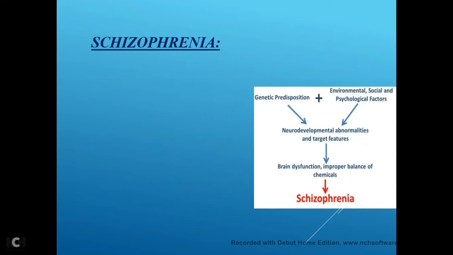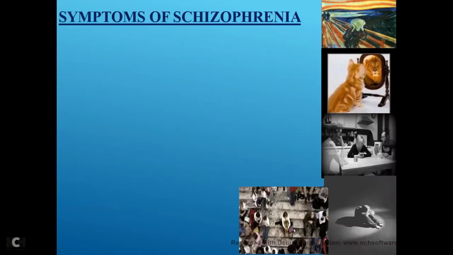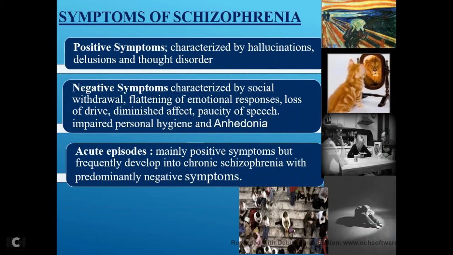What is schizophrenia? It is a genetic predisposition characterized by delusion, hallucination, thinking or speech disturbance, occurring mainly in adolescents. The symptoms of schizophrenia are divided into positive and negative symptoms. Positive symptoms are characterized by hallucination, delusion, and thought disorders.